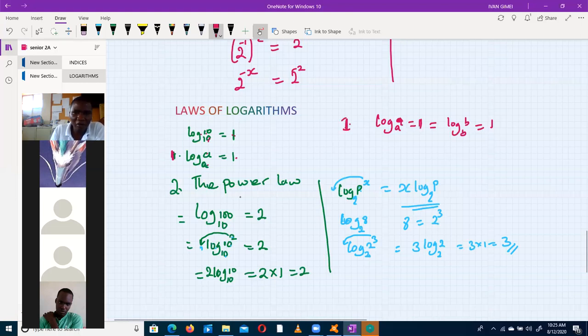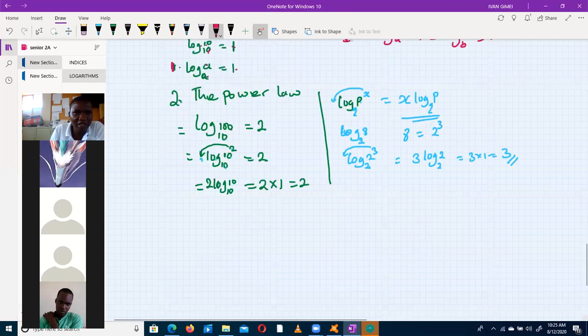Then the second law, we're deriving it from this argument. If you're looking for the log of 100 base 10, what did it give you? It is the same as 2. But we're trying to express this in terms of the first law. 100 is the same as 10 squared.